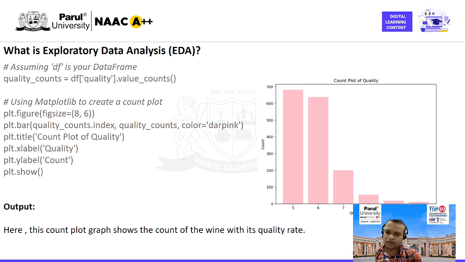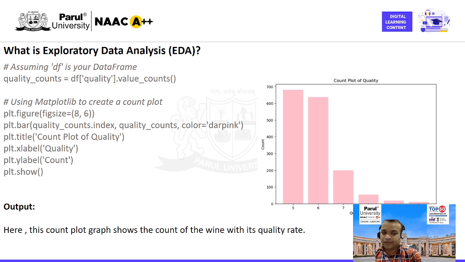This is the size of the figure. Then plt.bar, we want to draw a bar chart here, with quality_count.index and quality_count, and color we want to give here dark pink. And plt.title, if you want to give some title on that chart, plt.title('Count Plot of Quality'). And if you want to give labels on the x coordinate or y coordinate, you can give labels with the help of plt.xlabel.